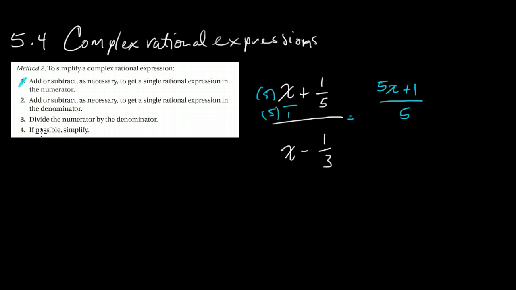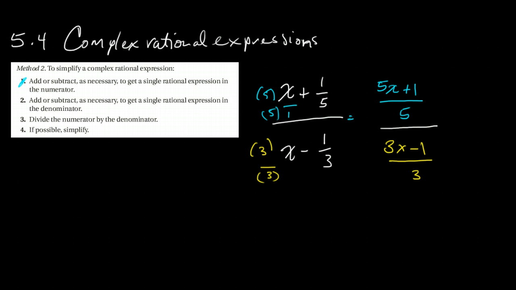Now step 2 says add or subtract as necessary to get a single rational expression in the denominator. Okay, so basically same thing. We want to multiply by a factor of 1, in this case 3 over 3, so that we can have one single rational expression in the denominator. So 3 times x minus 1, all over 3.